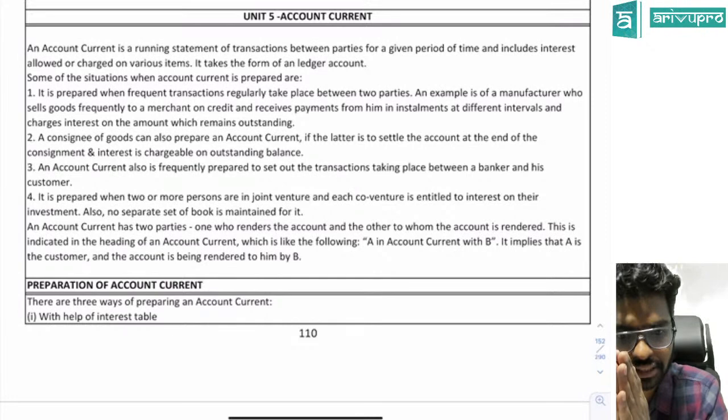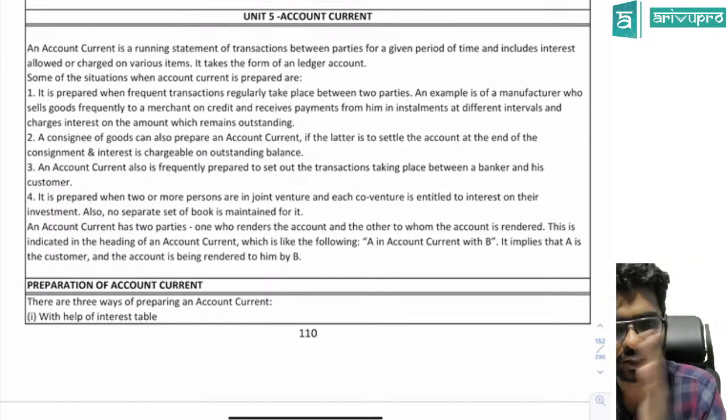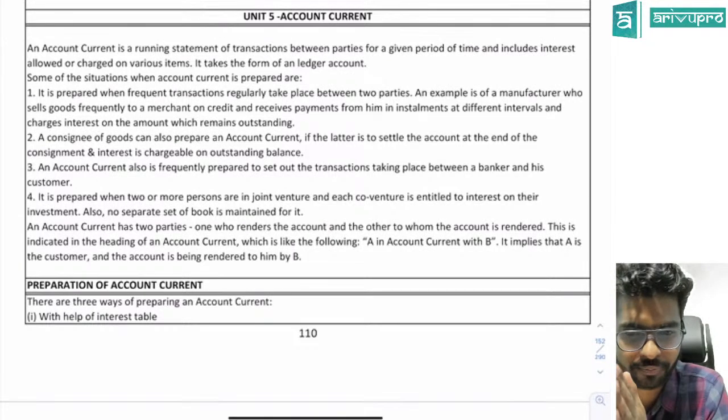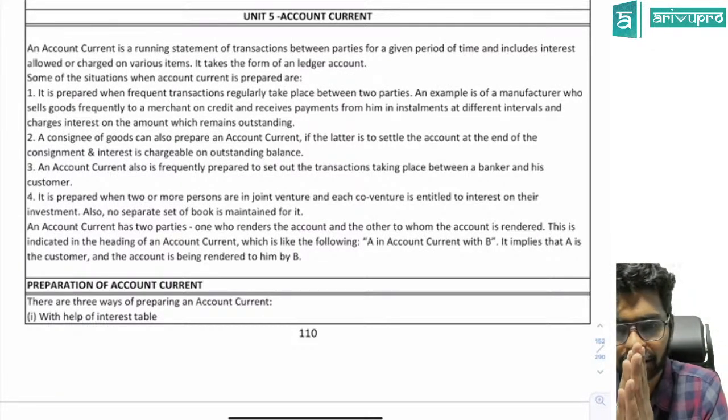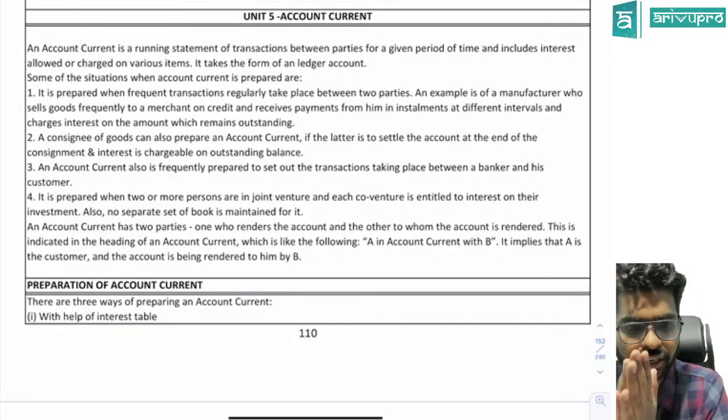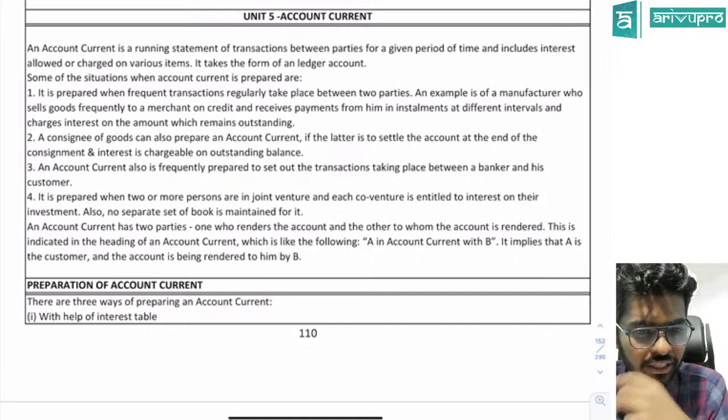Now here what happens, you make an account current between two parties. An account current is basically done in form of a ledger format. It is between two parties. That is, you would be selling goods to a merchant on credit, and you would be receiving money from him in installments.